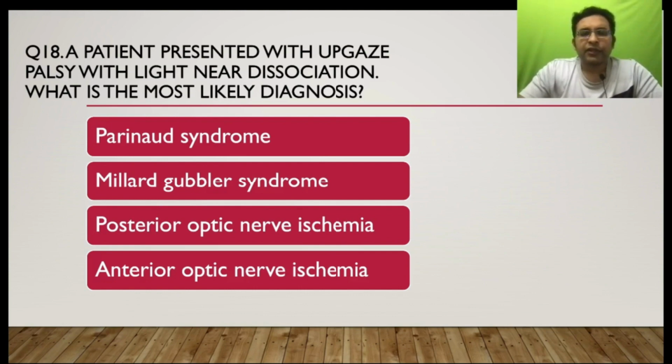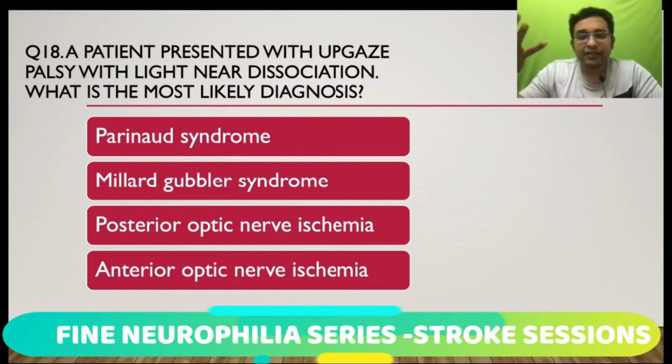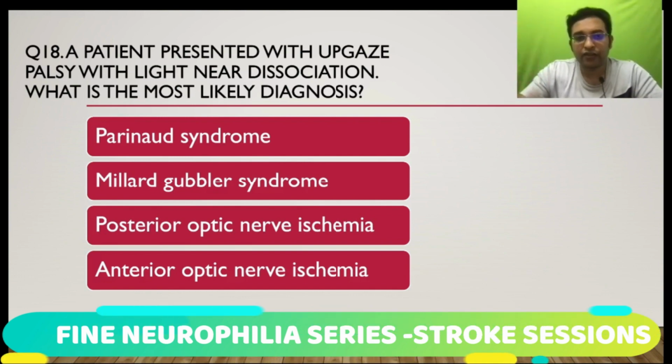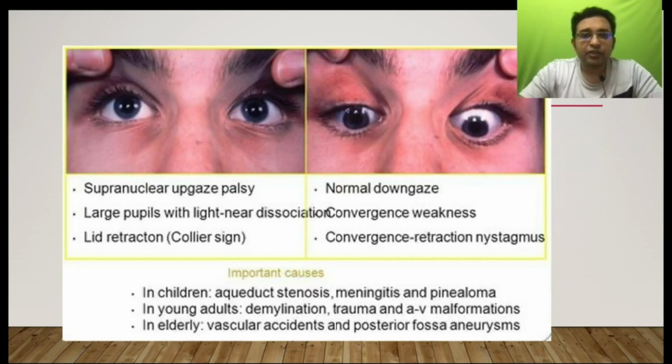As we know, we had discussed extensively in the 5 Neurophilia series stroke sessions, both advanced and basics, regarding the role of 4 by gaze, where we have discussed the brainstem syndromes and how to differentiate each of them. And light-near dissociation and upgaze restriction are characteristic features of the dorsal midbrain syndrome, otherwise called Parinaud syndrome.